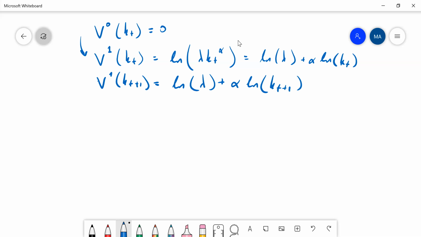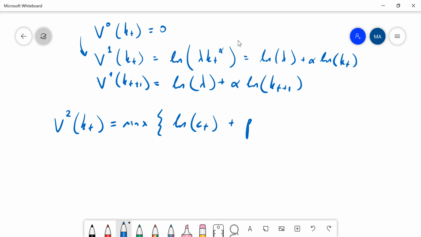Then I go back to step 2, right? And do the same thing again, because my Bellman equation now can be written in this way. Maximize ln ct plus beta, careful, so this is now ln lambda plus alpha ln kt plus 1.